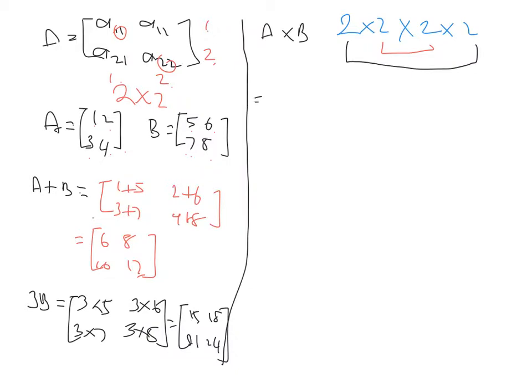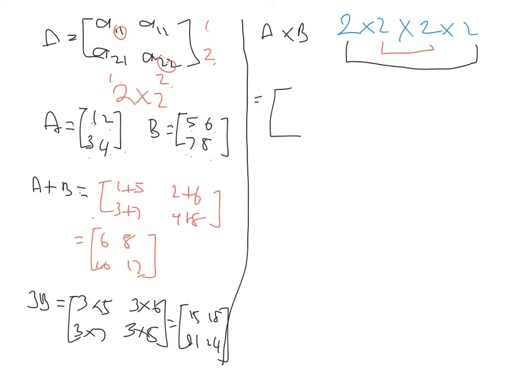What we're going to do is multiply the first row by the first column, the first row by the second column, the second row by the first column, and the second row by the second column, and that's what's going to make up the 4 elements within our resultant matrix.